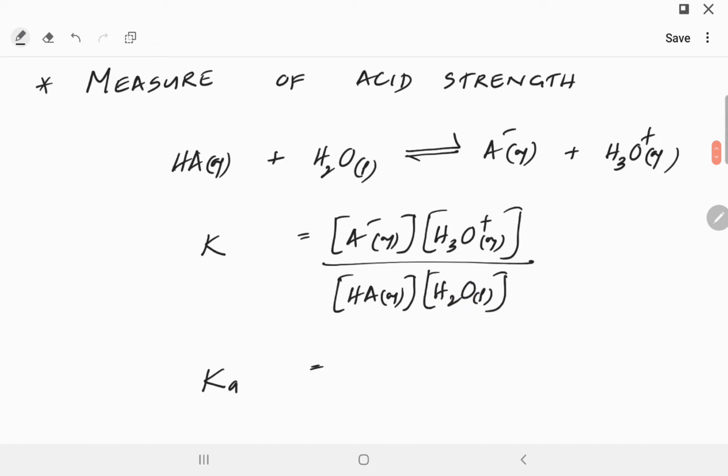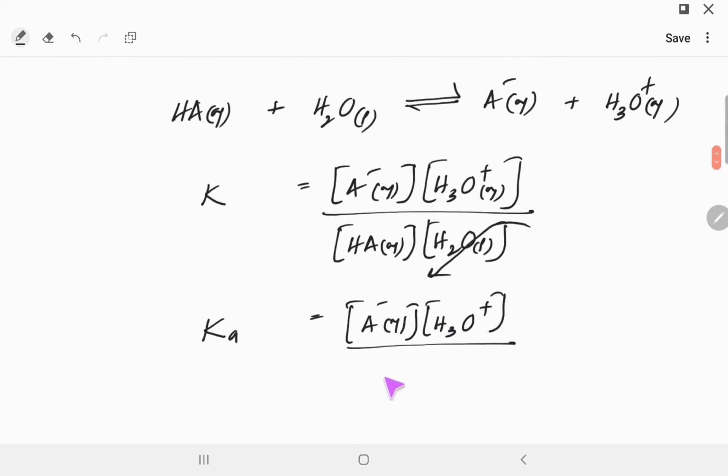Here's the thing, at constant temperature, water concentration is actually a constant. So rather than writing the concentration of water, we can rearrange this equilibrium constant, where you multiply the equilibrium constant by the concentration of water. So you get Ka is equal to the A minus concentration, which is our conjugate base, times the H3O plus concentration, divided by HA.